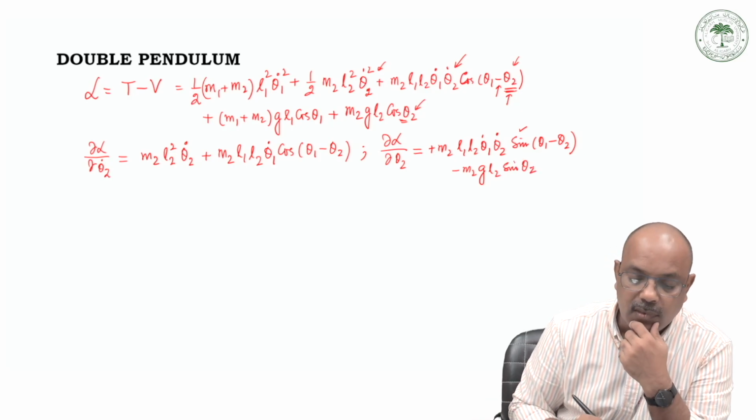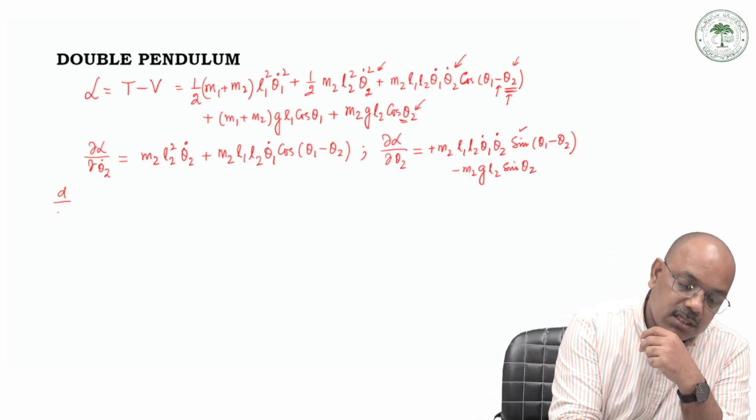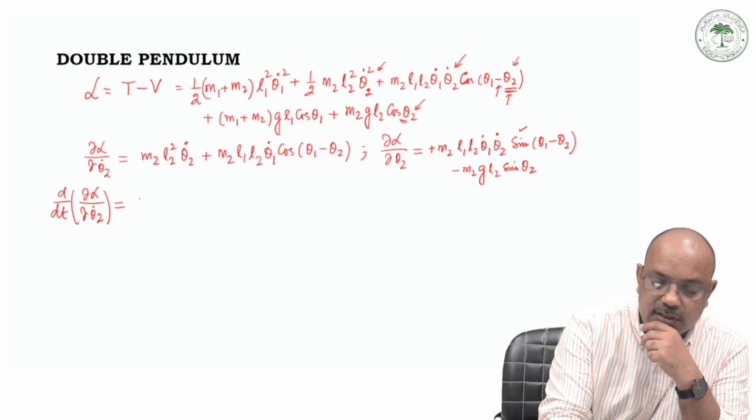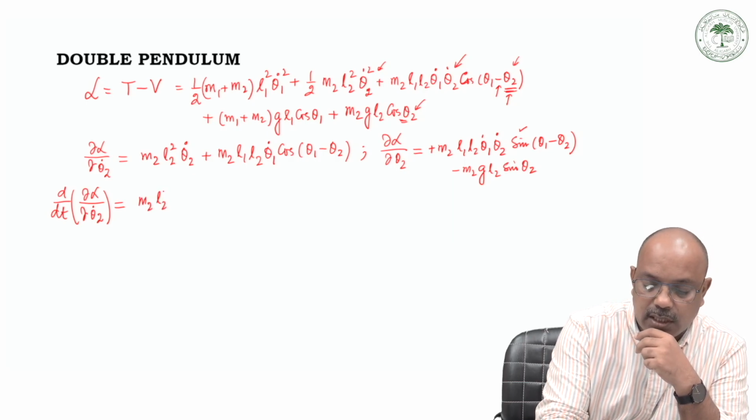Okay, now I'll get d/dt of dL by d theta 2 dot. This is going to be m2 L2 square theta 2 double dot.